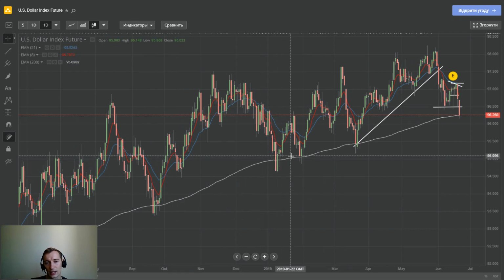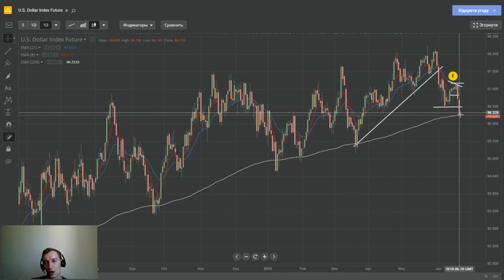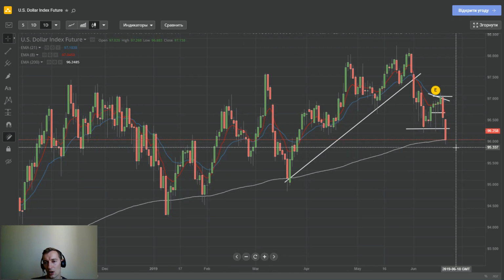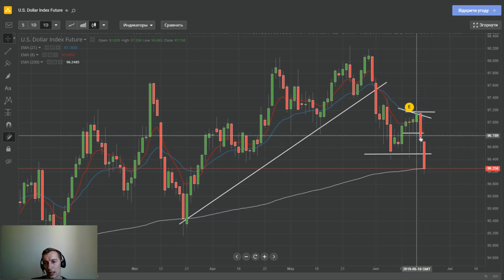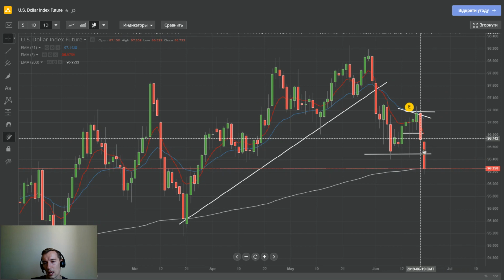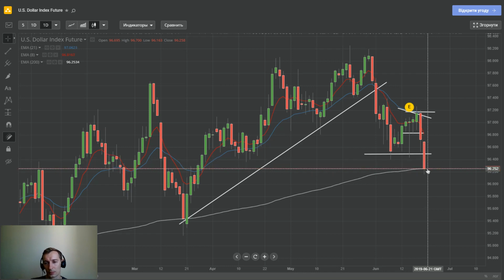You see, every time price tested this 200 moving average, it bounced off. So for now, guys, if you missed this breakout, and if you missed this one around 96.50, I don't recommend you jump into the position.